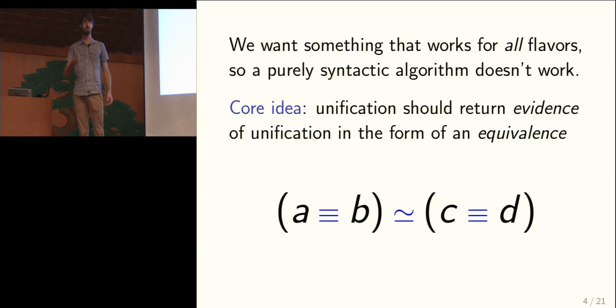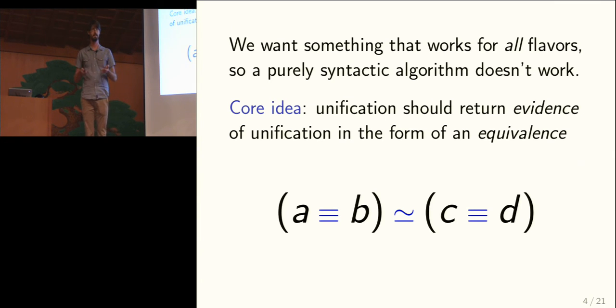This means that the unification algorithm will return a term in type theory that witnesses the correctness of the unification output. And this means that we can check this proof of unification for any assumptions that are required by the unification algorithm.